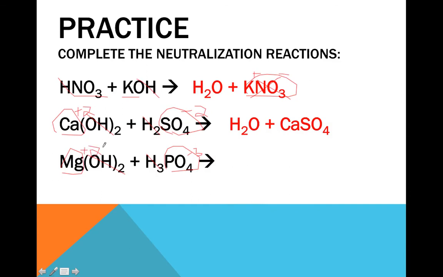So that means when you crisscross it, the 2 is going to come down here, and the 3 is going to go all the way over here to Mg. Okay, so that means I'm going to have water and then magnesium phosphate, which is going to be Mg3(PO4)2.